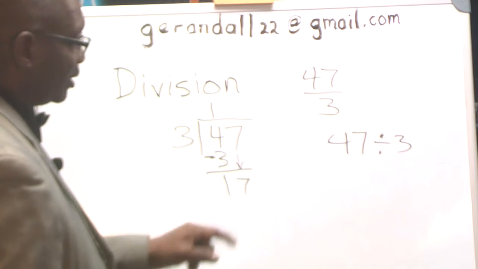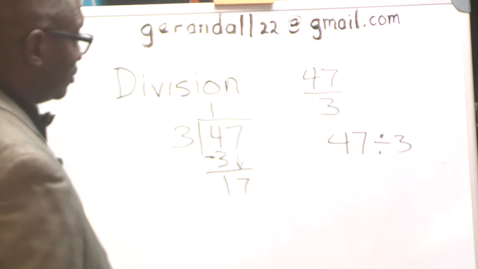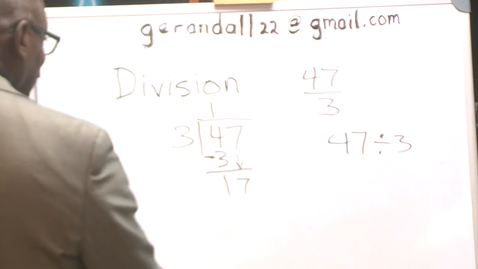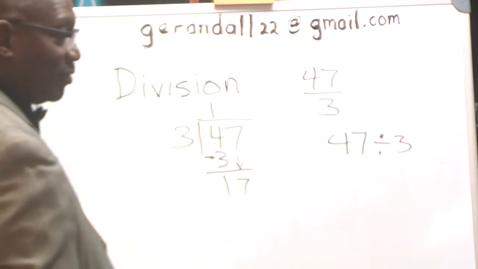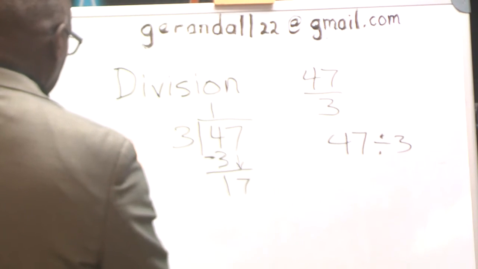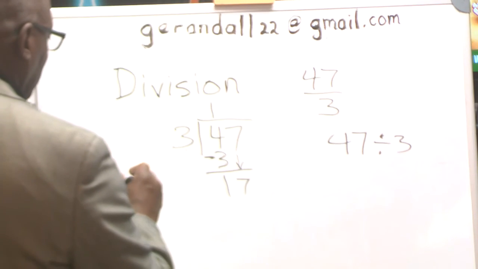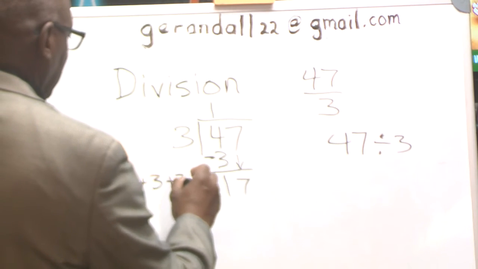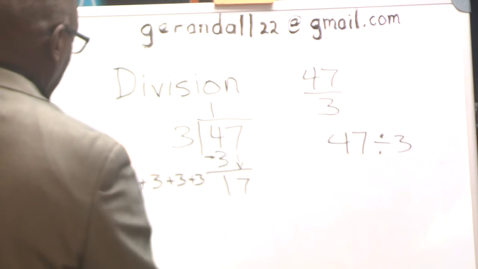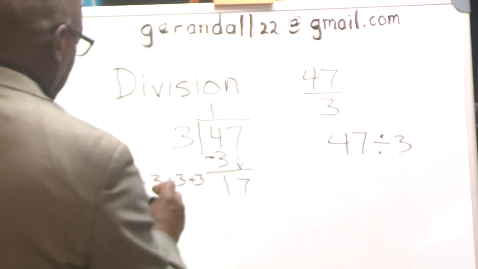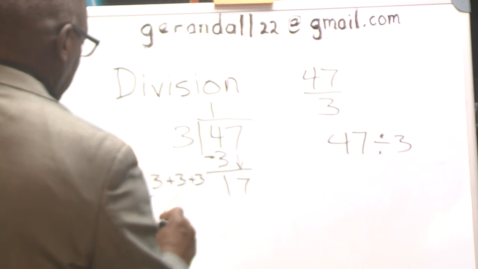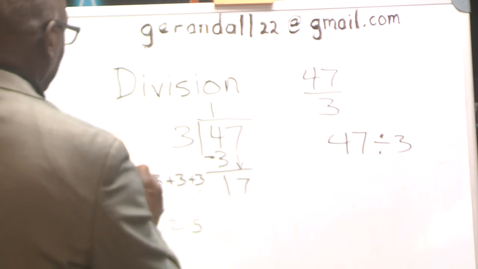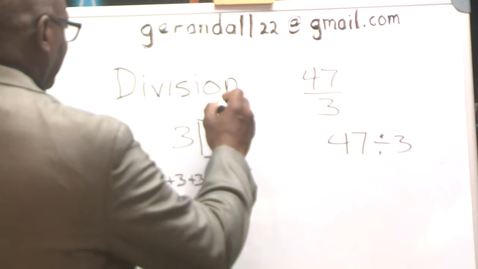How many 3s can we get out of 17 without going over? Back to our basic facts. You could list so many 3s until you got up to 17. In this case, 3 plus 3 plus 3 plus 3 plus 3: 3, 6, 9, 12, 15. 1, 2, 3, 4, 5.